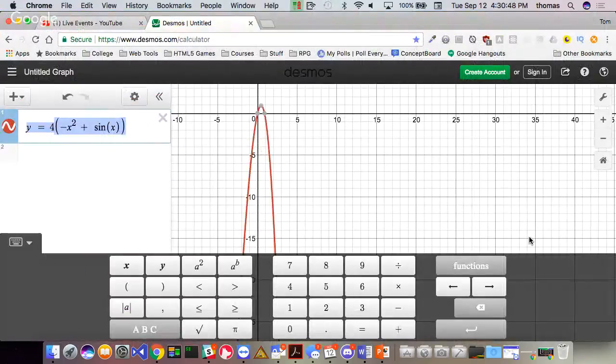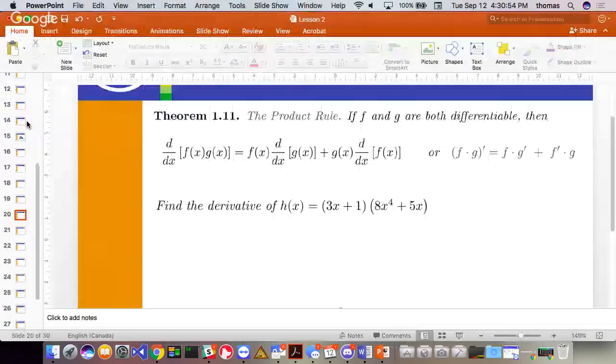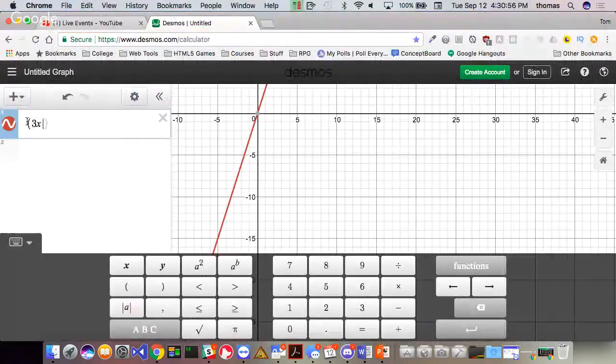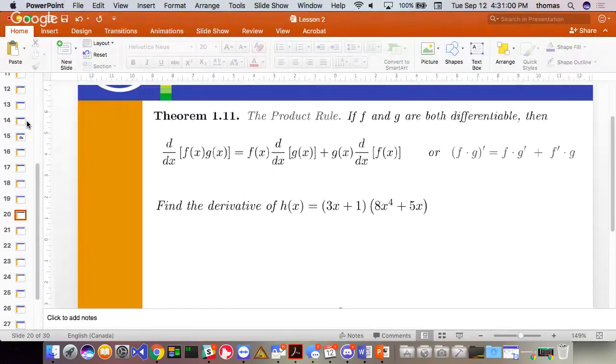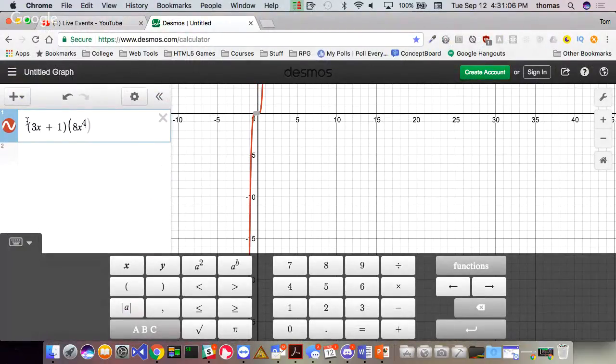Let's get rid of all this. So 3x plus 1, and we want to multiply it by 8 times x to the 4, plus 5x. That's the actual curve.